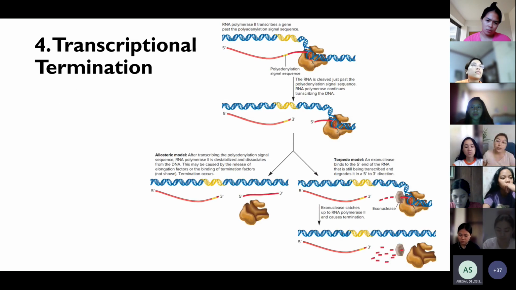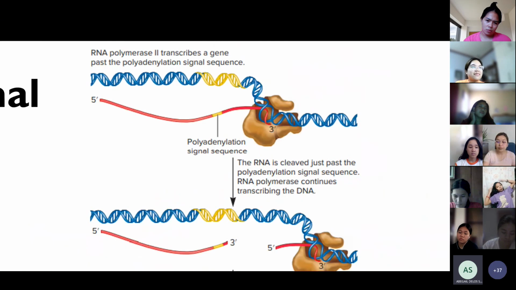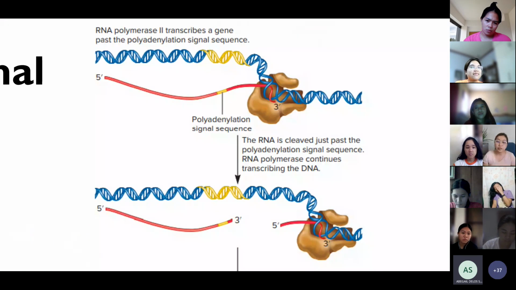Lastly, for the eukaryotes, we have the termination part. Transcriptional termination of RNA polymerase 2 occurs after the 3' end of the transcript is cleaved at the polyadenylation signal sequence. Here, this is our polyadenylation signal sequence.